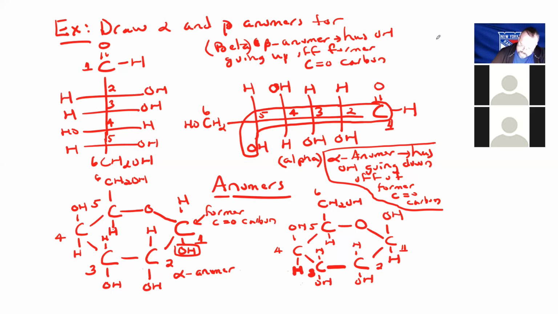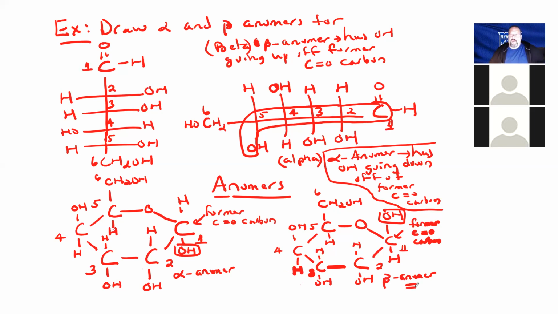So in the structure to the right, again, carbon 1 is still the former C=O carbon. Here, the OH is going up, and therefore, this would be the beta anomer.